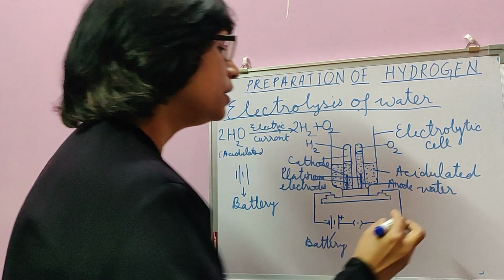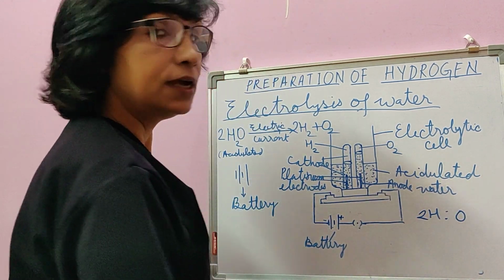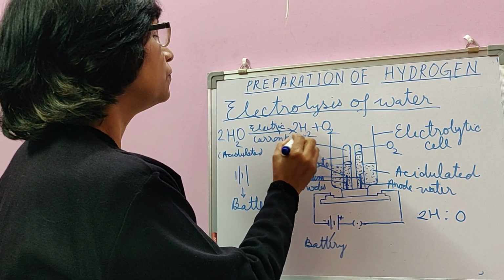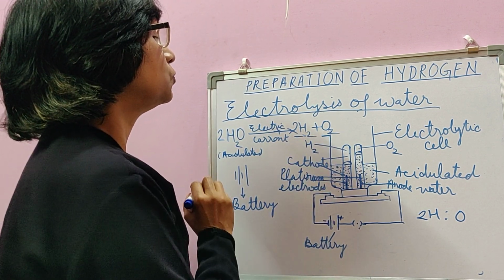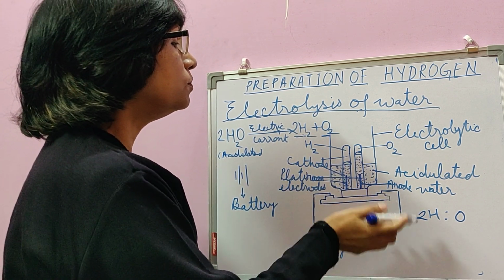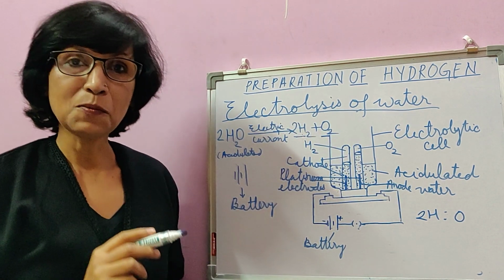And we already know that there are 2 atoms of hydrogen and 1 of oxygen in water molecule, and when we decompose, then also 2 molecules of hydrogen and 1 molecule of oxygen are produced by decomposition. Therefore hydrogen is double in the volume and oxygen is half of the hydrogen in the volume.